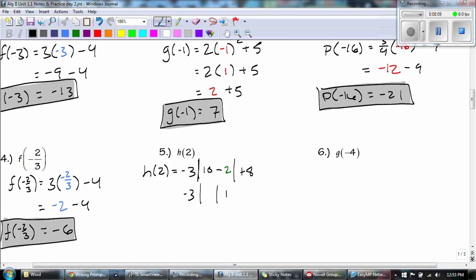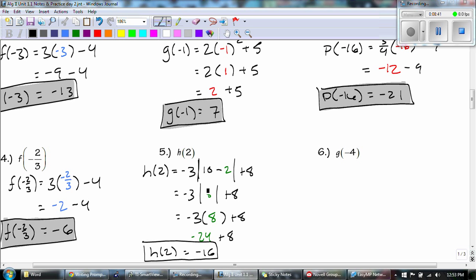We have to do the absolute value first. So 10 minus 2 is 8. After we do that, the absolute value of 8, yeah, it's 8. Negative 3 times 8, we would get negative 24. And then negative 24 plus 8, yeah, negative 16. So h of 2 equals negative 16.